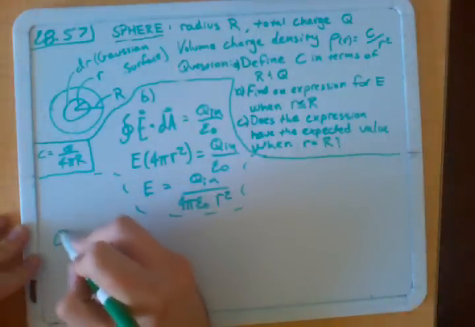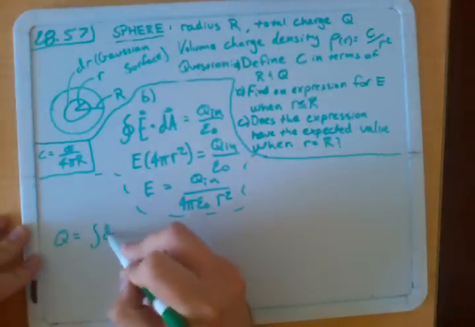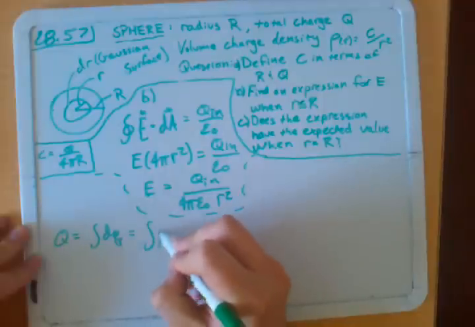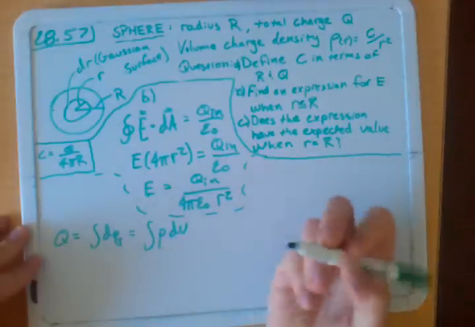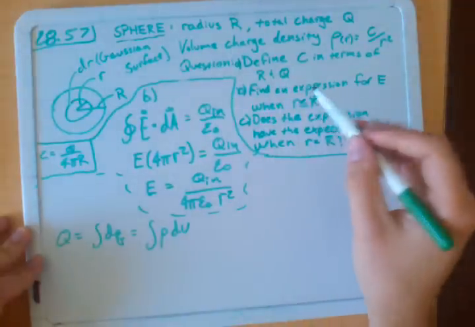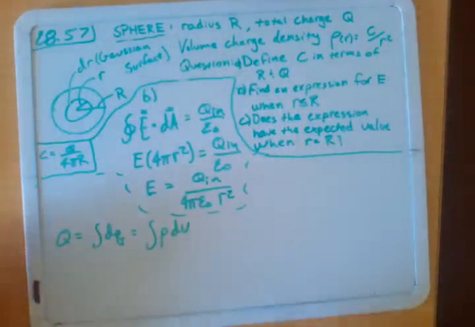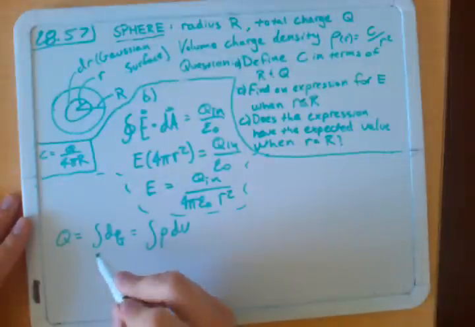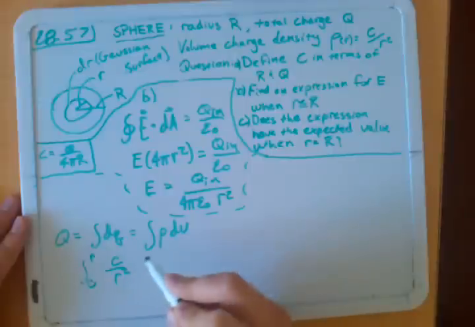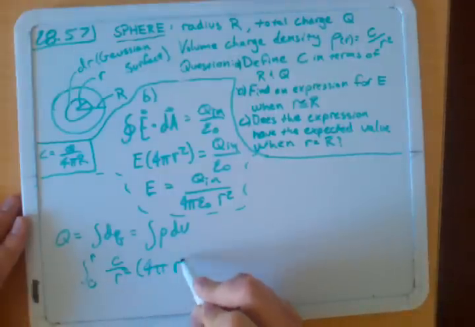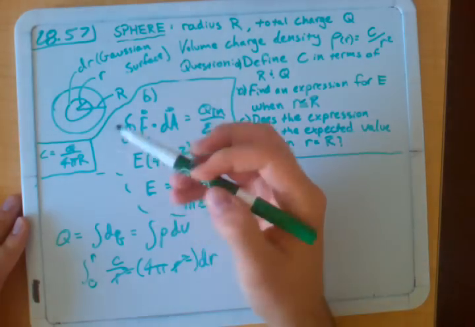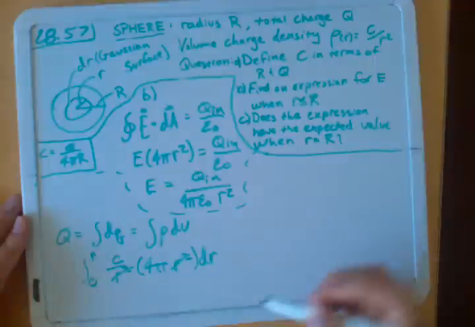So now we're going to go ahead and use this to our advantage. So here we have q equals the integral of dq, which we also saw earlier, which equals rho dV. So we're going to go ahead and plug these in from 0 to little r because it's going to be less than big R, so it's going to be enclosed up to little r. So we have from 0 to r, C over r squared times 4 pi r squared dr. The r squareds cancel, and then we're going to go ahead and plug in the C value that we solved earlier.